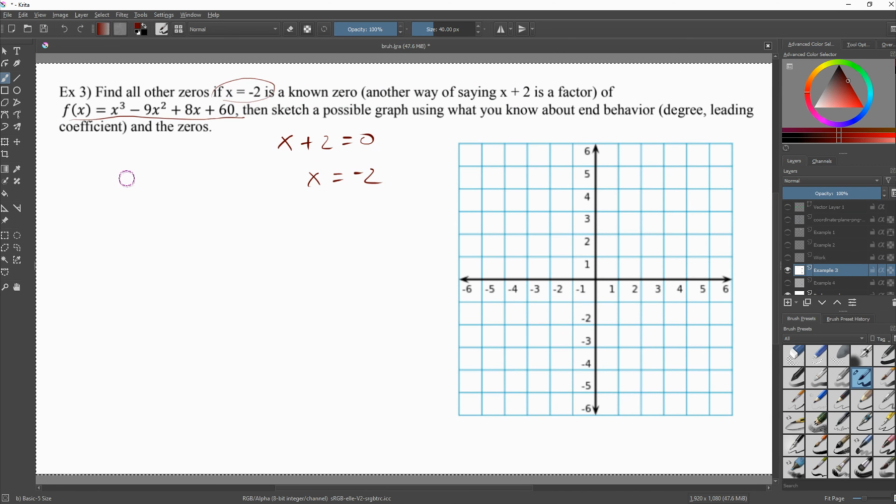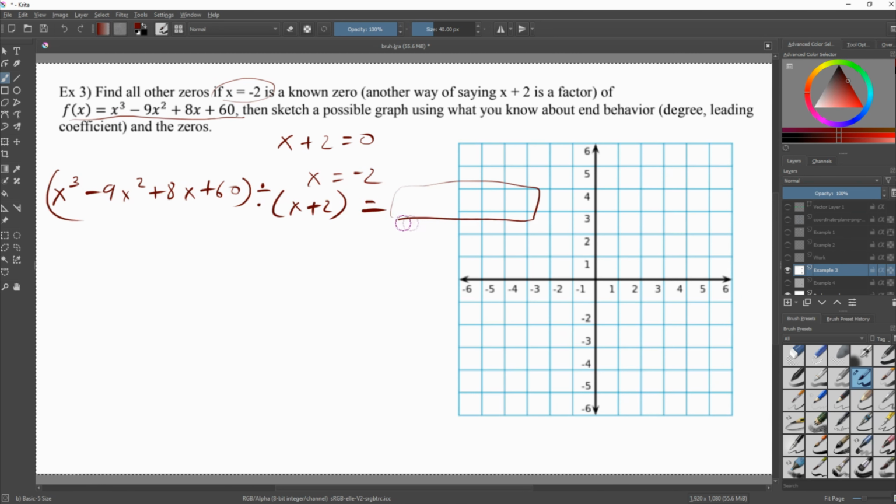And then they want you to find the other zeros, which means that you just take the function and you divide by this. So you take x cubed minus 9x squared plus 8x plus 60. You take that and you divide it by x plus 2. And you get whatever is the result of that.